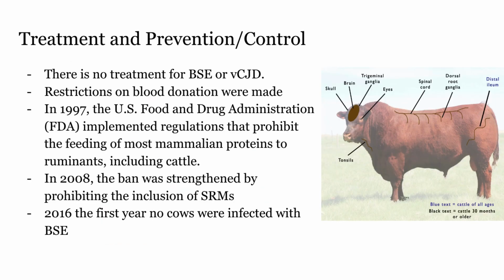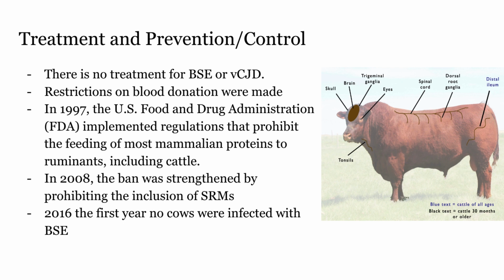So, treatment and prevention and control. As we talked about, there is no cure for bovine spongiform encephalopathy or variant Creutzfeldt-Jakob disease. For CJD, most doctors will just do some pain management to make the patient as comfortable as possible before they pass.